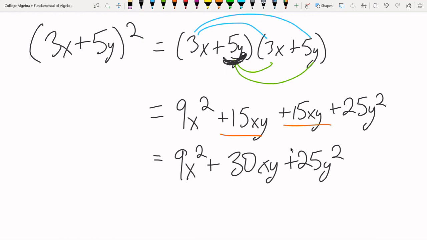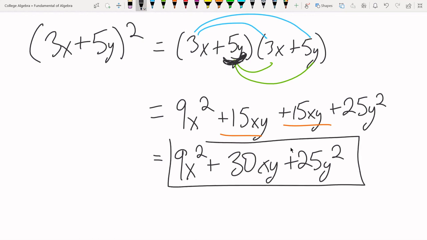So I'm writing the x's first, and then the y's. But you could write it as 25y squared first, and then 30xy, and then 9x squared. But that is a binomial times a binomial. But again, whenever you multiply polynomials, all you're doing is distributing the first polynomial's terms into the second, and then combining like terms in the end.